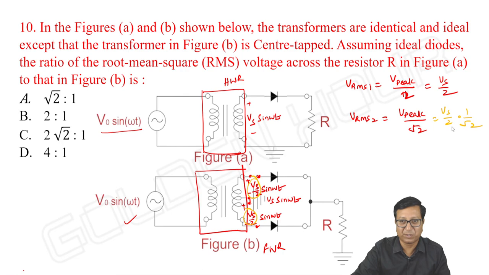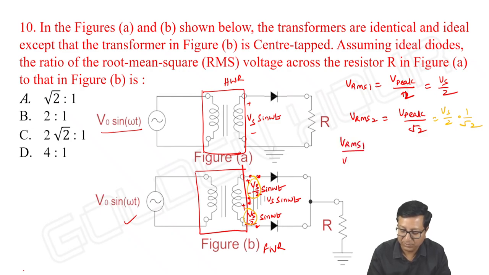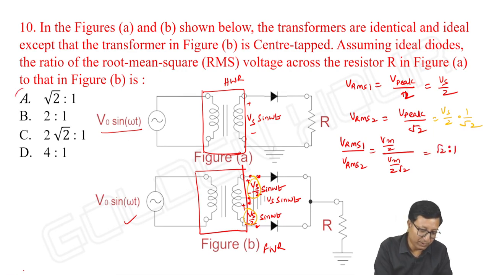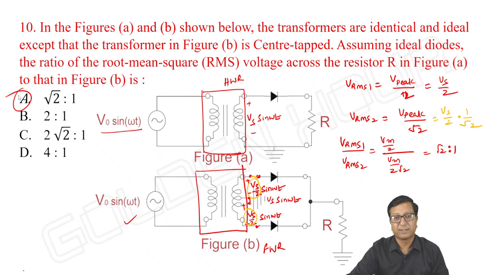So root 2 is the answer. Root 2 is to 1, we can write it. Root 2 is to 1. Option A is correct.